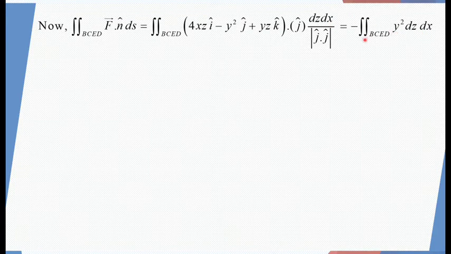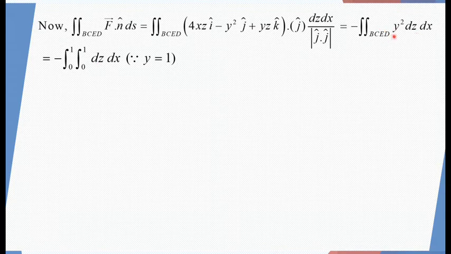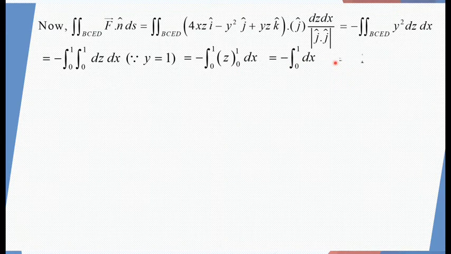So it will be minus integral 0 to 1 dz dx, because y is equal to 1. So when we integrate it, the integral of dz is z under the limit 0 to 1. So it is 1, and again on integrating it will be minus 1.